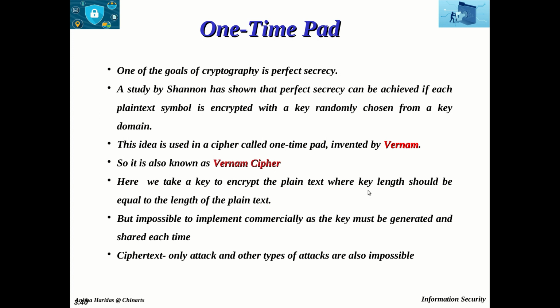All the 10 characters are randomly chosen from the Z26 set. So it is very difficult for the attacker to find or to guess the key value. Though it is impractical to implement commercially, as the key must be generated and shared each time, this will give you perfect secrecy.